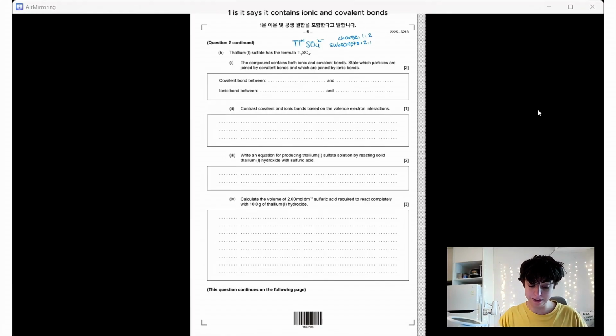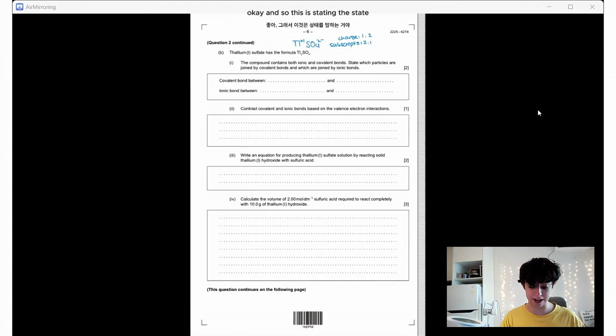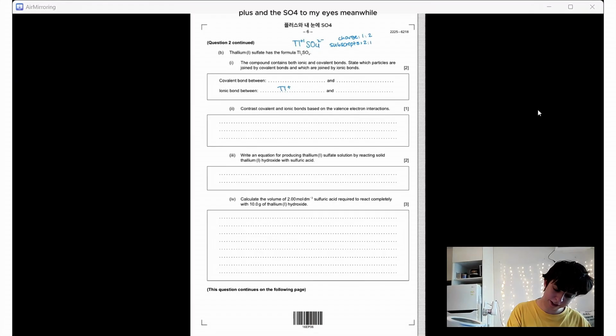For this part 1, as it says, it contains ionic and covalent bonds. This is true because the Tl and SO4 are both ionically bonded because they're both ions. But within the polyatomic ion, there are covalent bonds. Okay. And so this is saying to state which particles are joined by the covalent, which ones are ionic. Okay. So our ionic is going to be between the Tl+ and the SO4 2 minus.